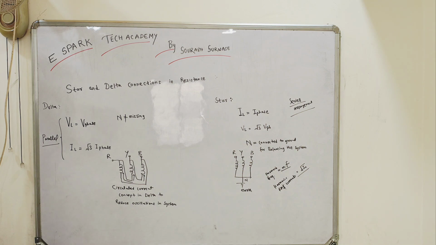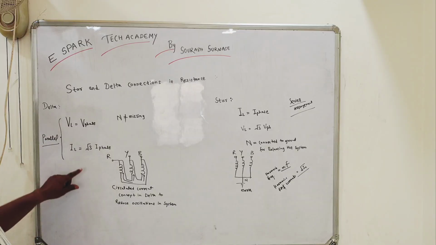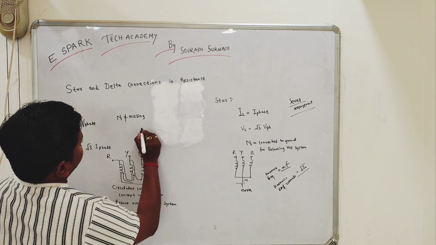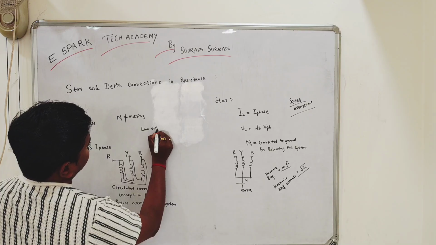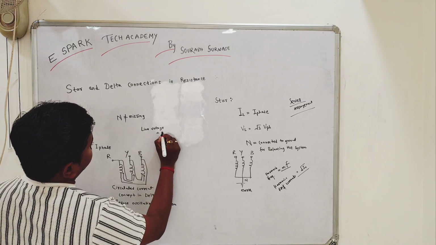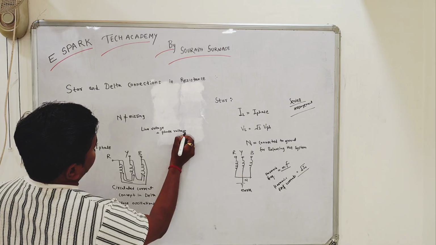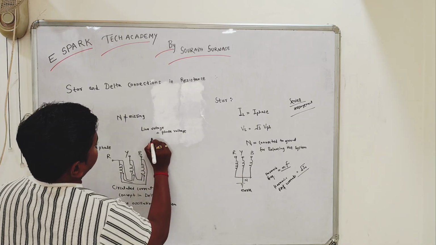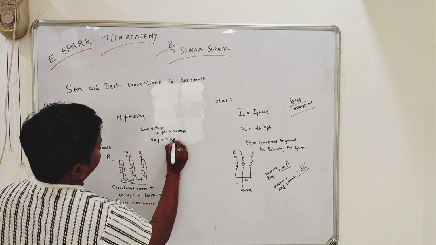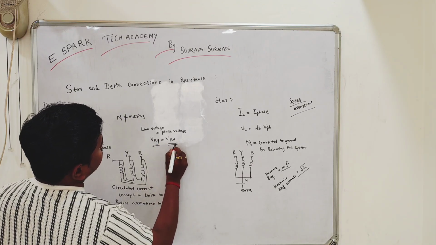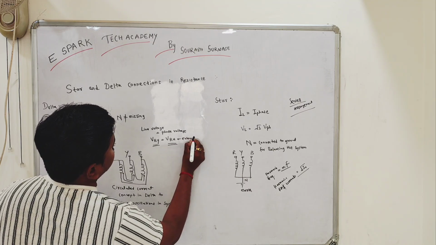Now what is line voltage and what is phase voltage? Here the line voltage is equal to phase voltage, meaning as neutral is absent here, VRY is equal to VRN if the external neutral is also taken into consideration.